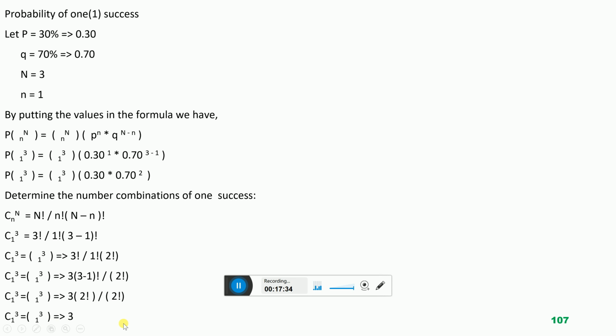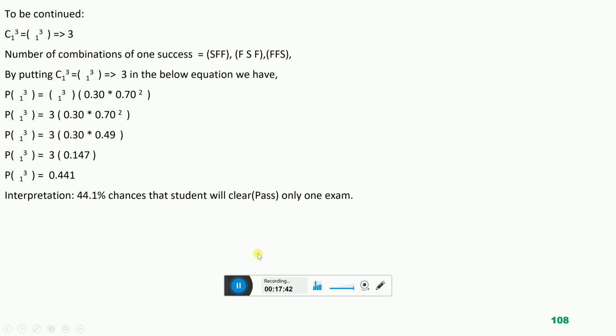It means 3 combinations are possible out of the 3 total exams in which the student passes only 1 exam, and these combinations are: first exam pass and the other 2 fail; first fail, second pass, third fail; or first 2 fail, third pass. So these 3 combinations are possible.